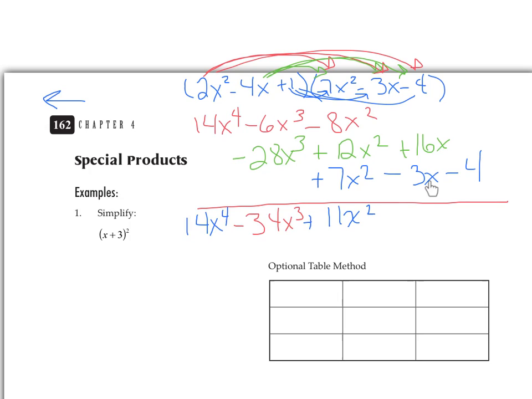And then we're going to add the x terms. Positive 16 and negative 3 make positive 13x. And the last term, the constant, negative 4. So that's what we get. That's triple distributive, when you multiply a trinomial times a trinomial.